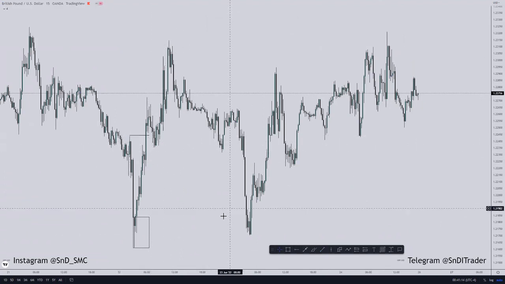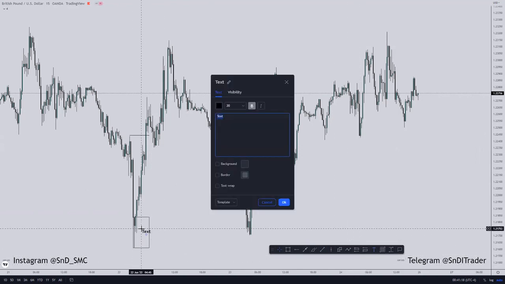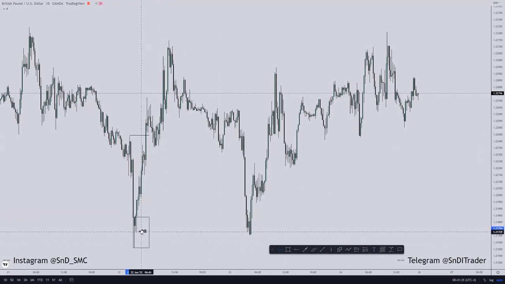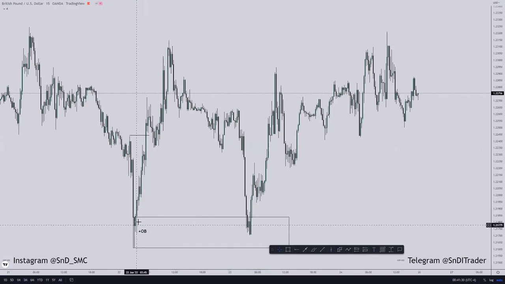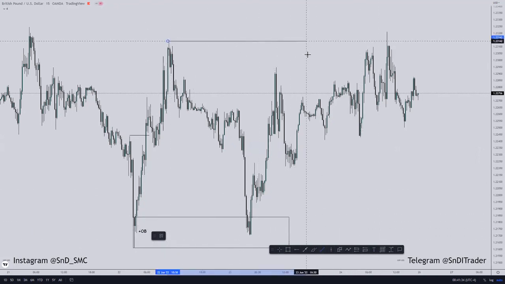Again, this became a bullish order block, and what happened? Price came back again, tapped this bullish order block, and gave a nice retracement towards the upside.